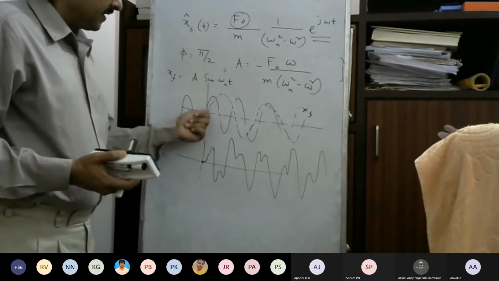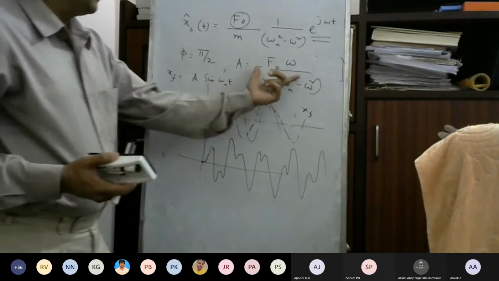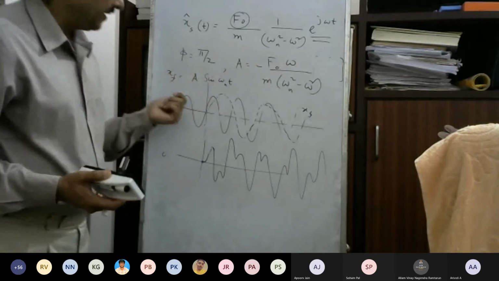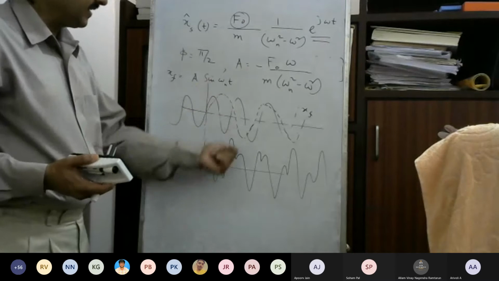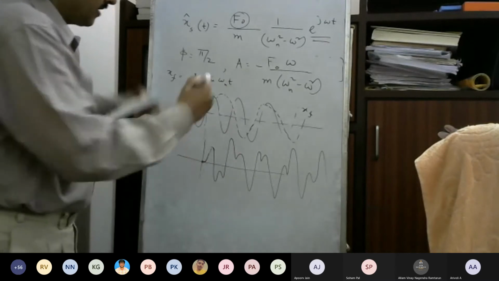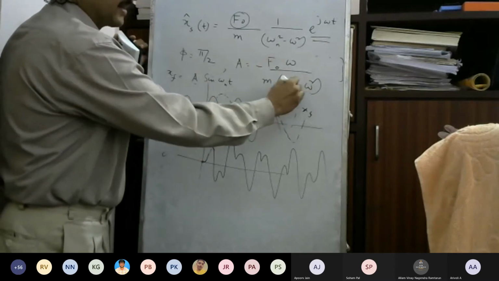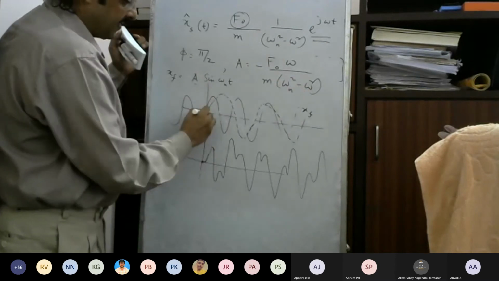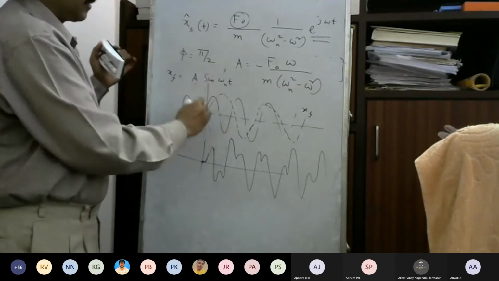So you are asking for the A sine omega t. If you write down A as this part, then A will appear over there. A is negative, so it will go to the other side. A here is negative if omega is less than omega n. So it will start in this direction so that the velocity becomes equal to 0.